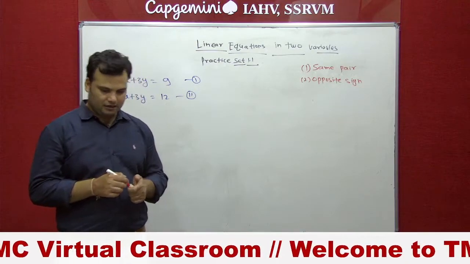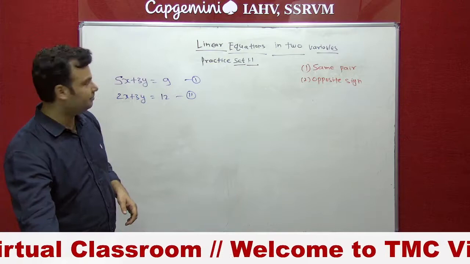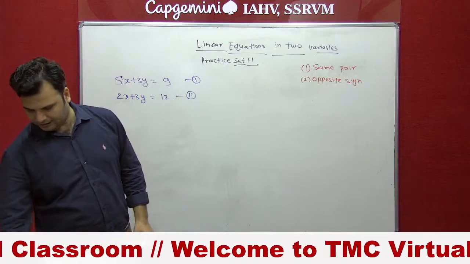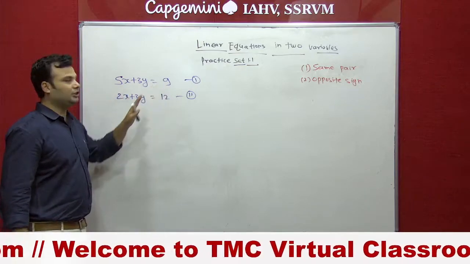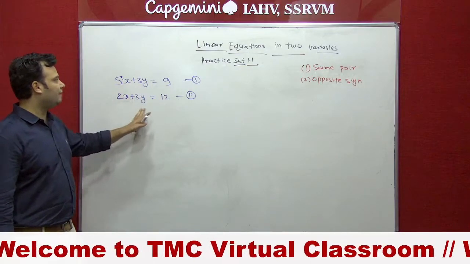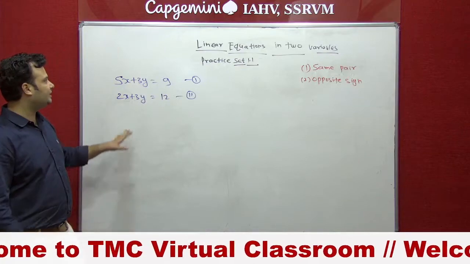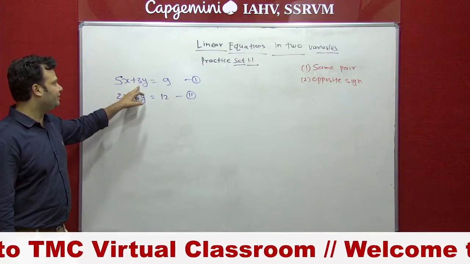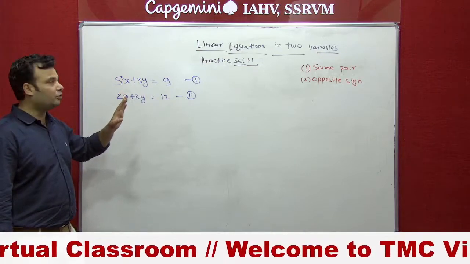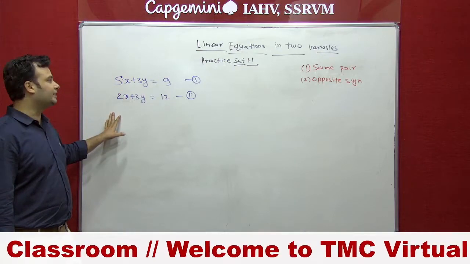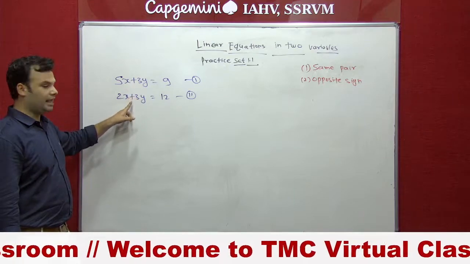So first understand how we can solve this sum. You can see it is given 5x plus 3y equal to 9 and 2x plus 3y equal to 12. Same pair: it is given 3y and this one is also 3y, so the first part is done. But what about the second? We require opposite sign, and you can see plus and plus.